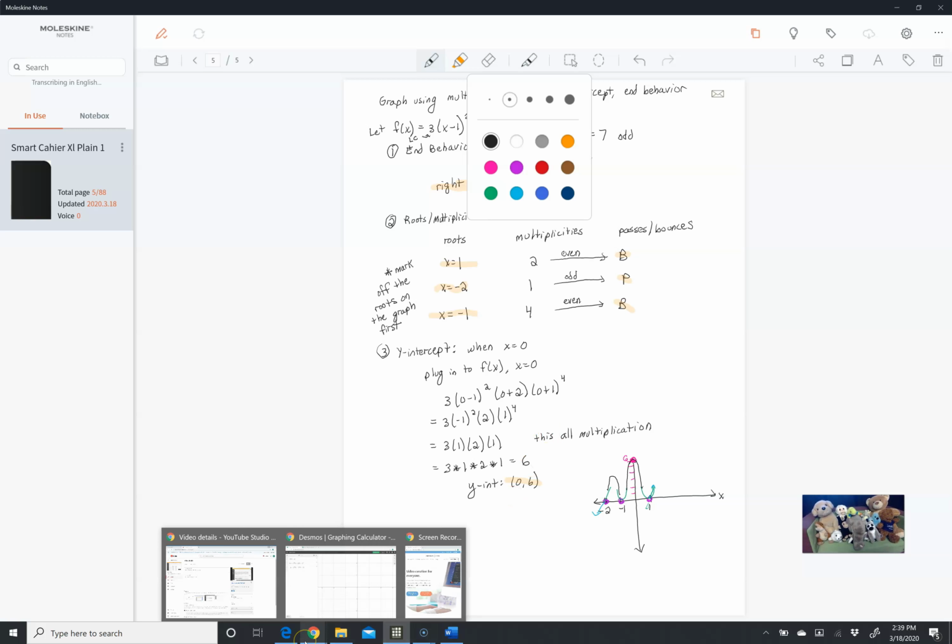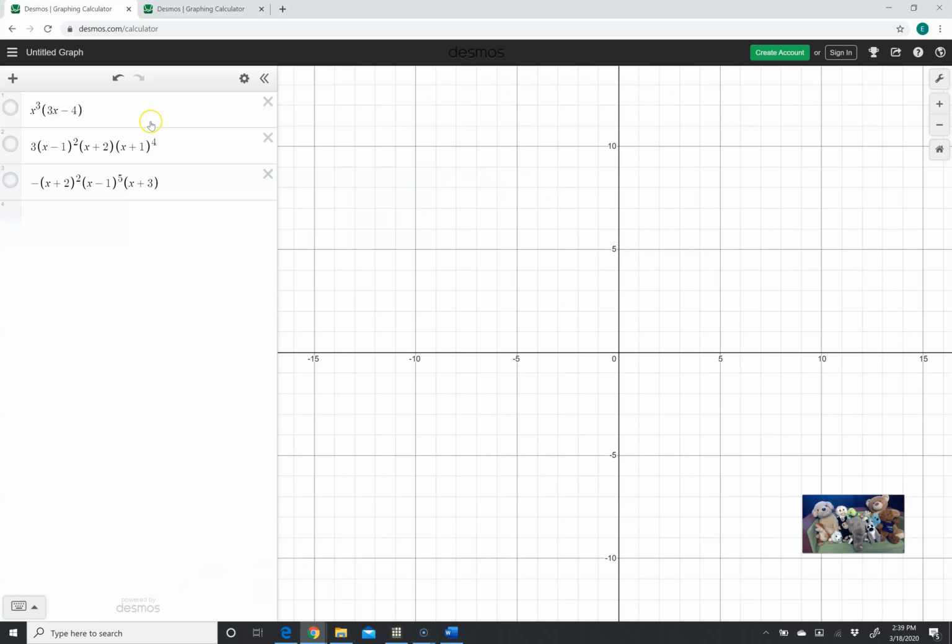If we go into Desmos and type this in, well, I actually typed it in already over here. So we're going to look at this graph and we can see that when it went through 6, that wasn't the actual turning point at 6. But again, this is why we call it a sketch. We know that between -1 and 1 it has to turn around.